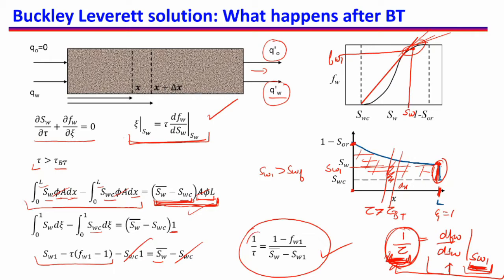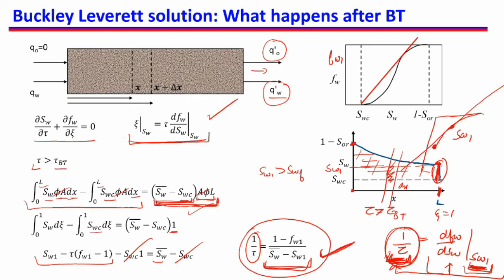So this is the slope. Now this slope is also equal to this quantity. And what is this quantity? Let me draw an enlarged version of this. Suppose this is my SWF, the front saturation, and this is my SW1. Now if I draw this slope, which is equal to 1 by tau, this should be equal to this slope.